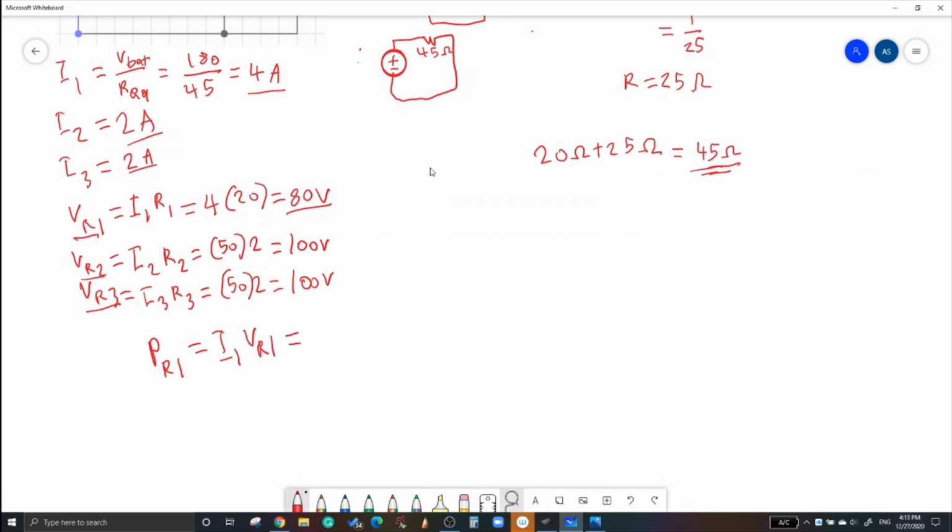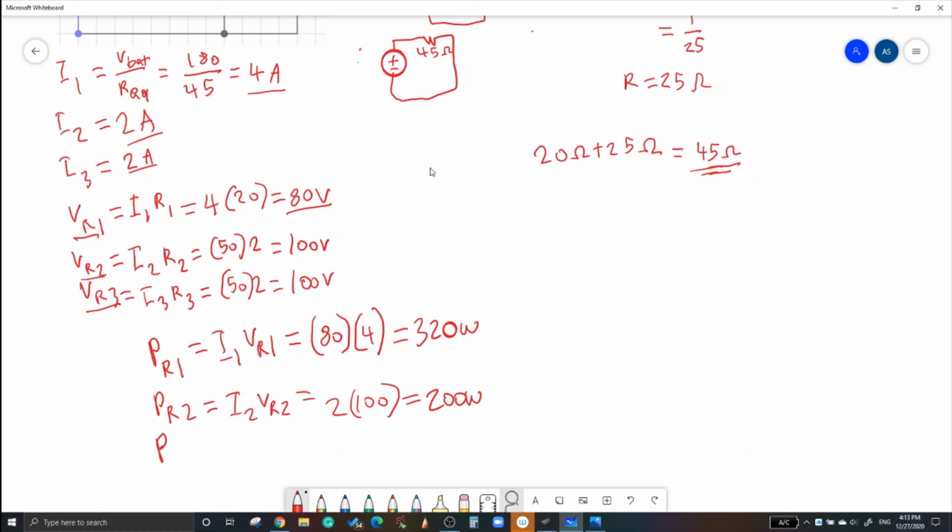The values for that are 80 volts times 4 amps. That'll be a total of 320 watts. Now for PR2, it's basically the same steps again. We'll do I2 times VR2, which will be equal to 2 times 100, which is 200 watts.